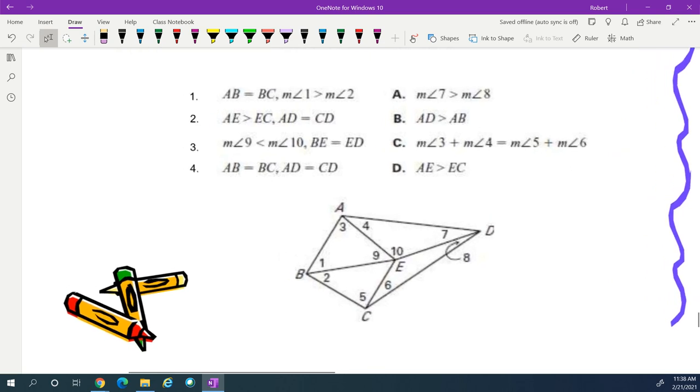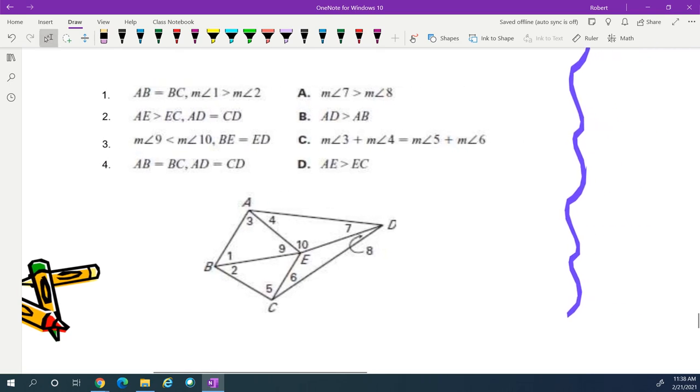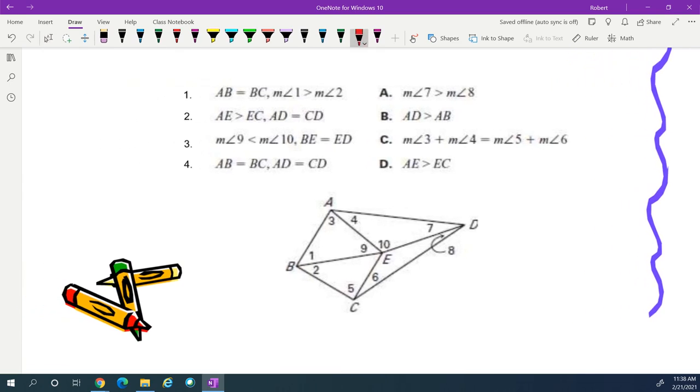Sometimes the questions get a little bit more challenging. Here we're just matching information and results. So let's check this out one piece at a time. In number 1, AB and BC.